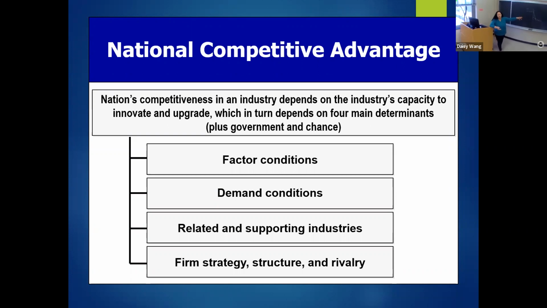Then demand condition, whether this country has big enough demand. Then whether in the same country they have related supporting industries. And the last thing is the firm itself: strategy, structure, and the rivalries in that country.